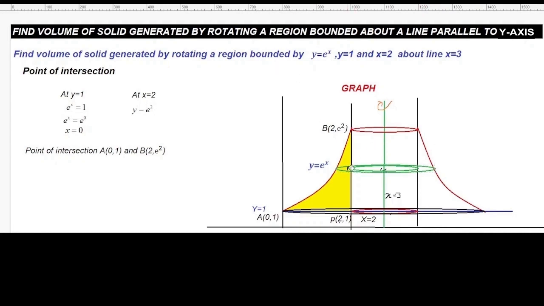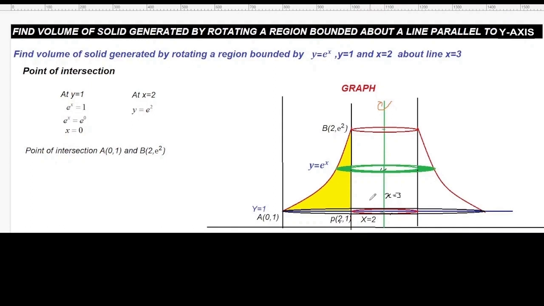To find the volume of the entire solid, first we find the volume of this cross-sectional disk, and after that we integrate it from the top to bottom, that is from this point to this point.